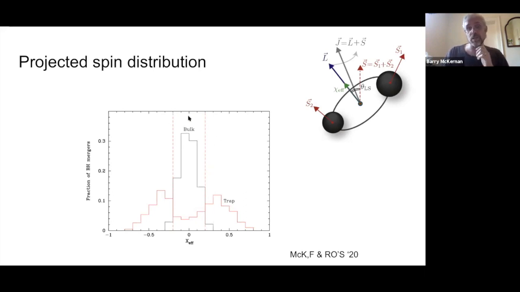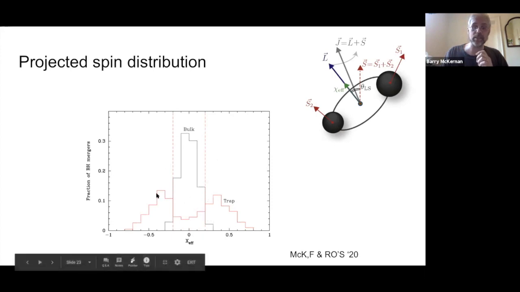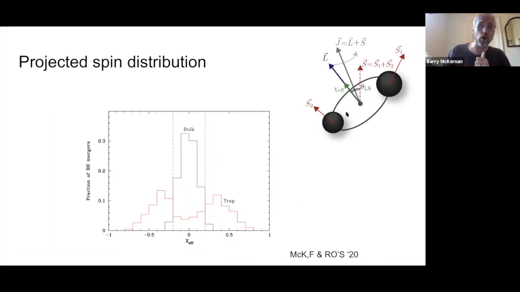One for mergers in the bulk disk is this sort of narrow peaked distribution centered around a chi-effective of 0. So what that means is that the little green arrow is small, so your black hole spins are typically misaligned. They're not terribly well aligned. They're not like this. So they're typically misaligned when you bring them together to make that small projected chi-effective.